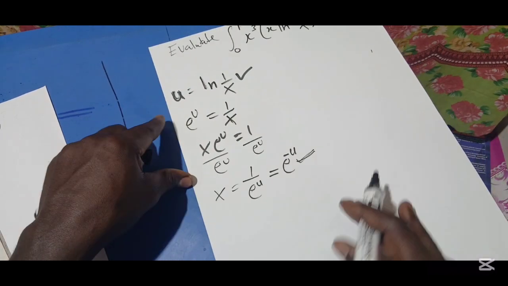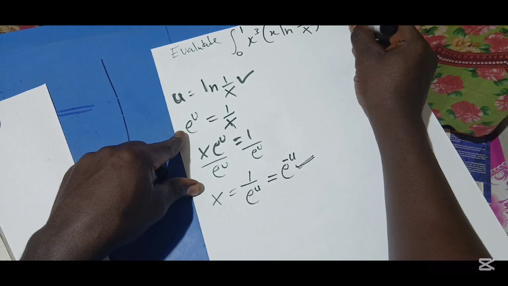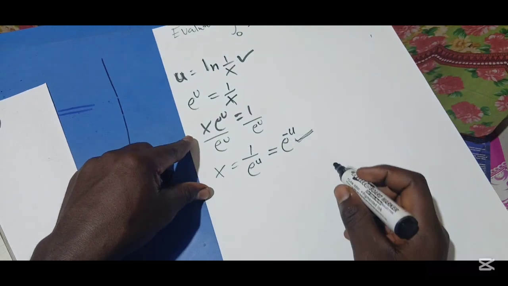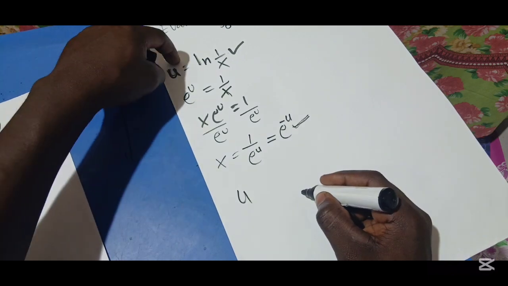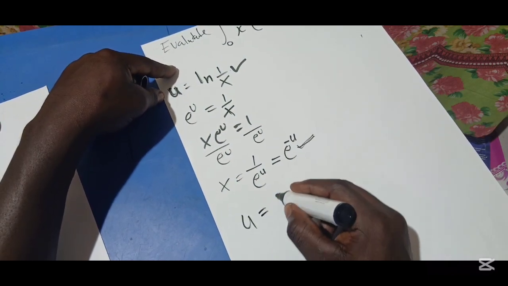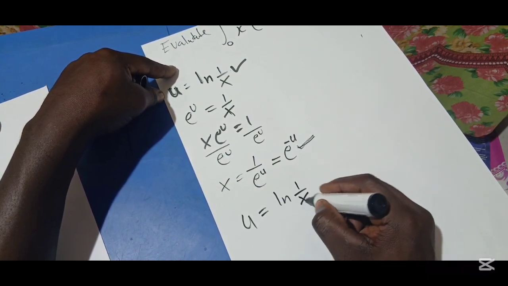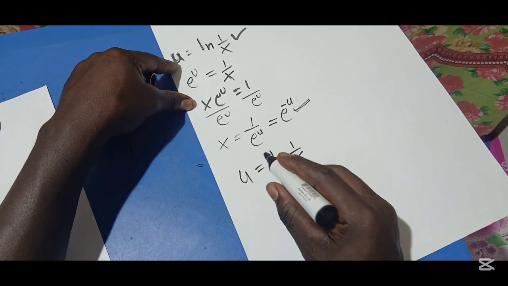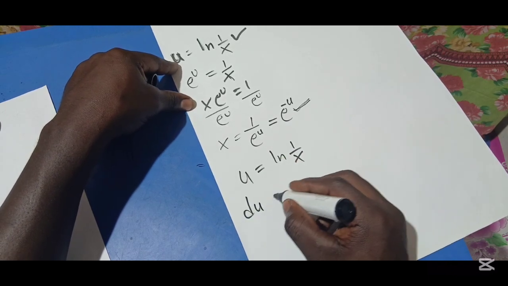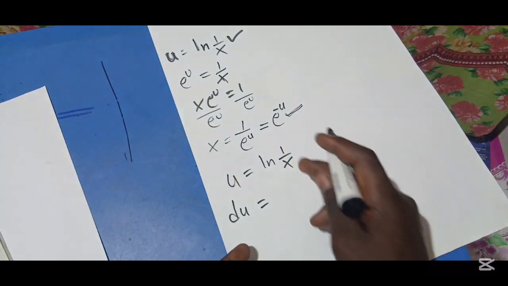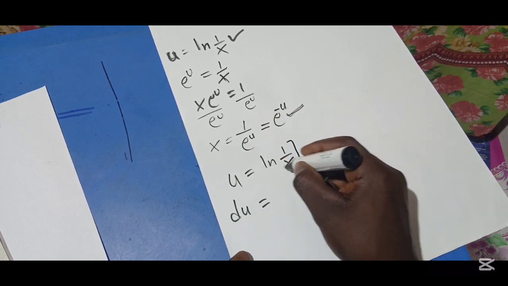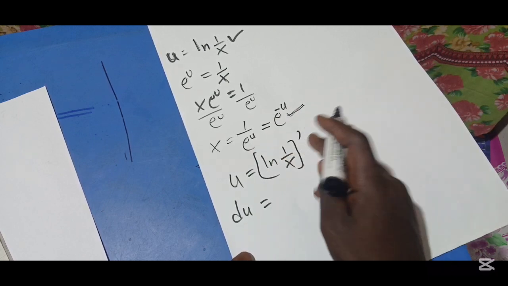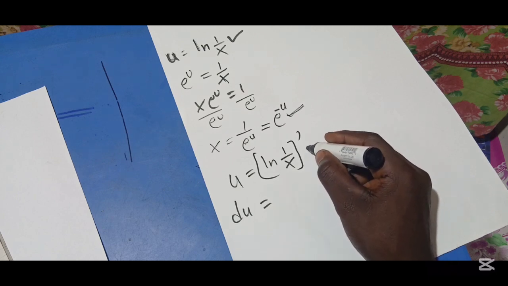One thing we also need to know is the corresponding value for dx. We know our u to be equal to ln(1/x), so we need to look for our du. du is going to give us the derivative of this, dx.